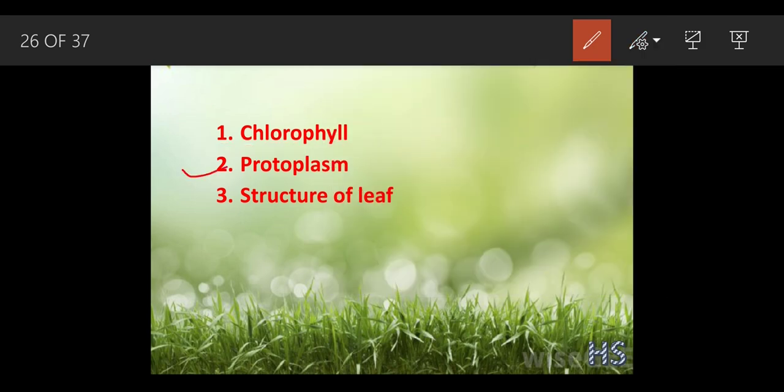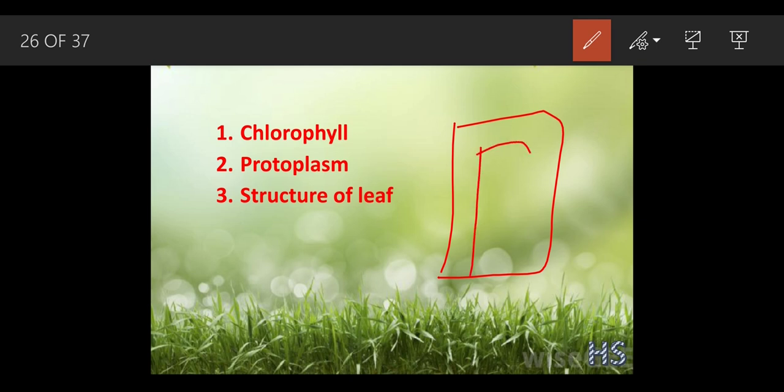Protoplasm. What is a protoplasm? See, suppose this is a nuclear membrane. Okay, this is a cell wall, cell membrane. Inside this is a nucleus, and this empty space is called cytoplasm.